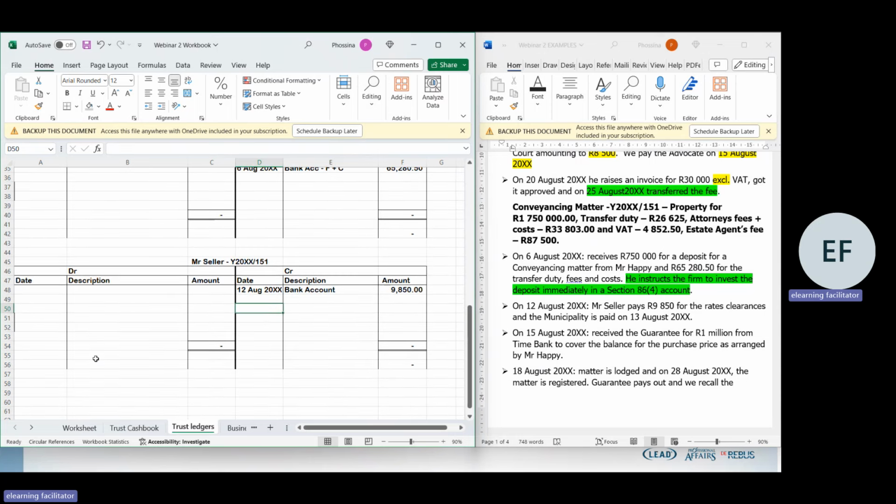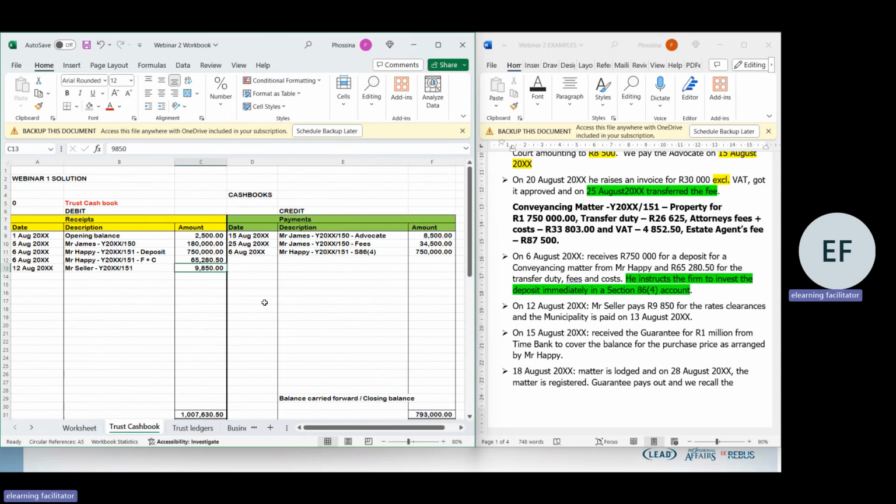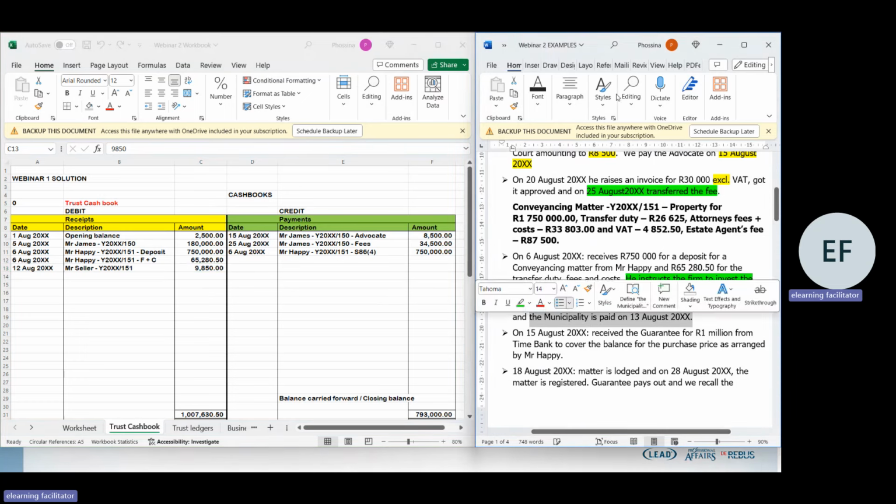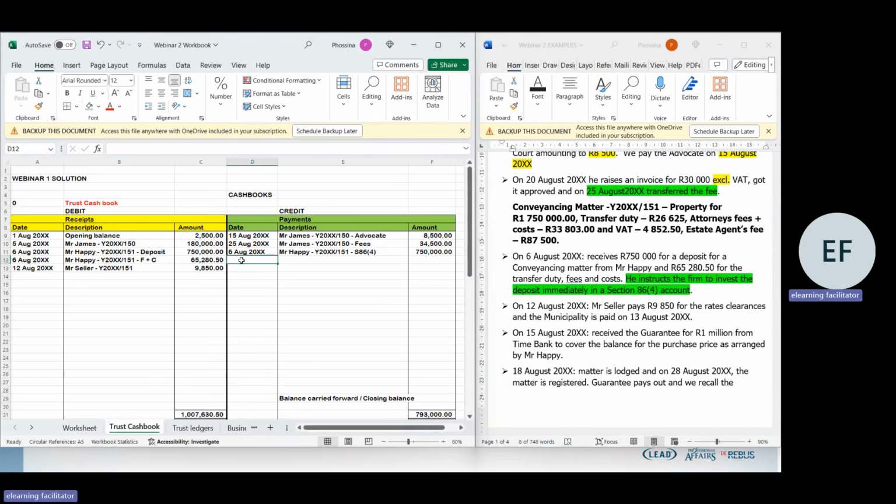Mr. Seller, same file. We come back and then we are told the municipality is paid on 13 August 20XX. So we are paying out of the trust account, we go and record on the payment side. So 13 August 20XX.